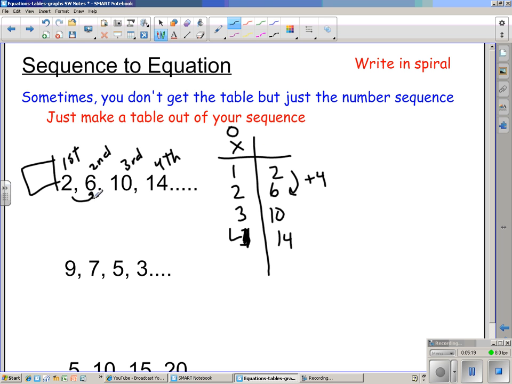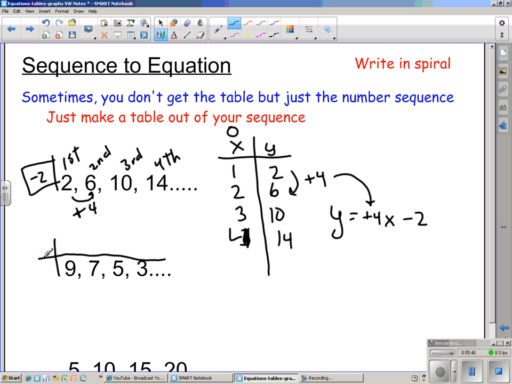So before this equation, we would subtract 4, which is 2 minus 4 is negative 2. So the equation is going to be y equals, you're going up by 4 every time you change your x position. What is the number that comes before? Negative 2.